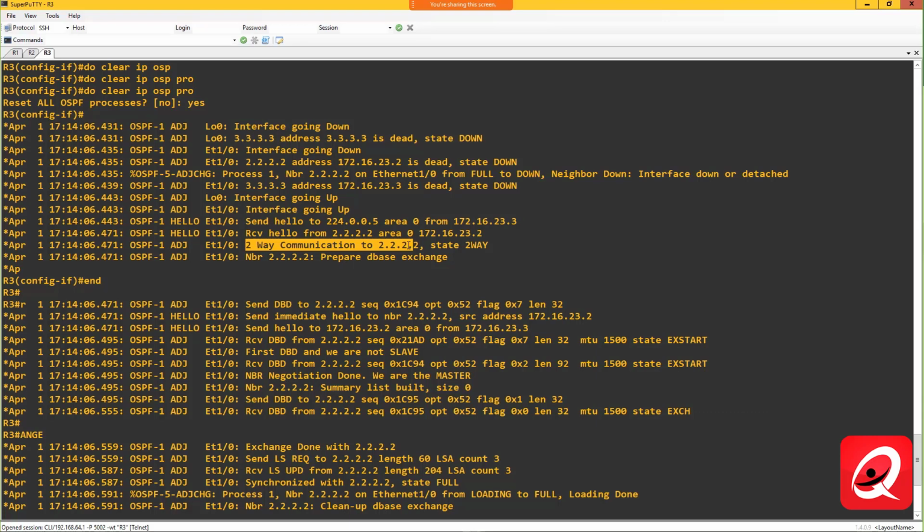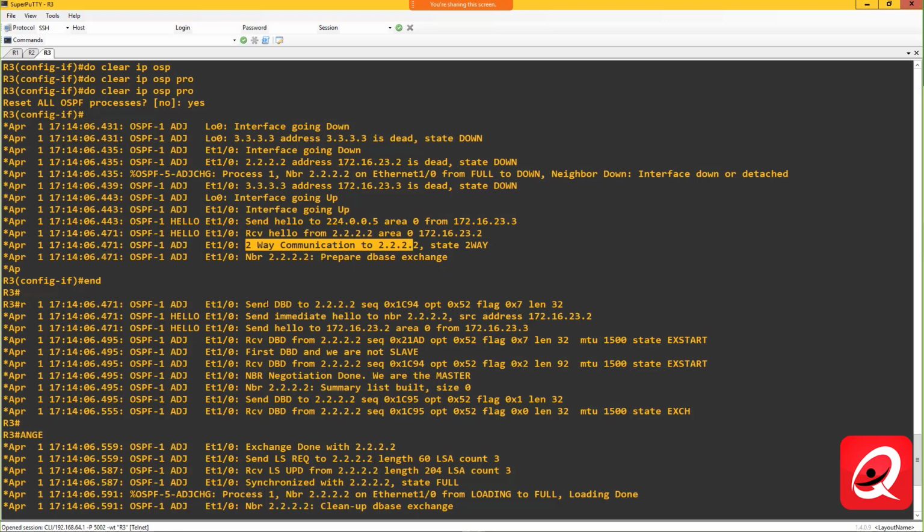All right? Now the question is, is that going to affect the resolution of our domain? Just because I can become adjacent with a peer doesn't mean that I'm actually going to be able to route to that peer. All right?